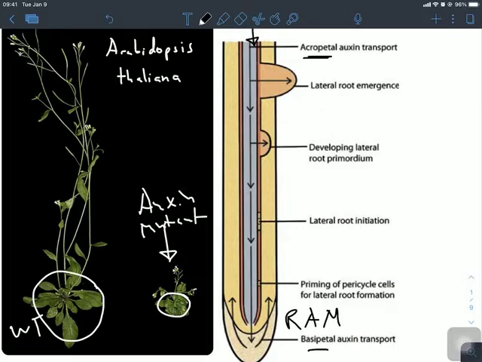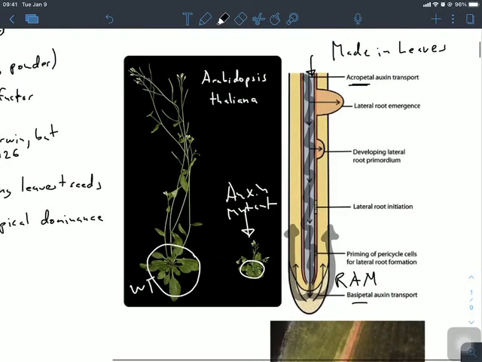And then after it reaches the RAM, it will have basipetal auxin transport, or backwards, back towards the base. And it will do so not in the vascular column, but in the adjacent tissues, oftentimes portions of the cortex. So you've got this funneling where the auxin will move in high concentrations down before kind of splashing back up on either side, meaning that the highest auxin concentration will be at that root apical meristem.